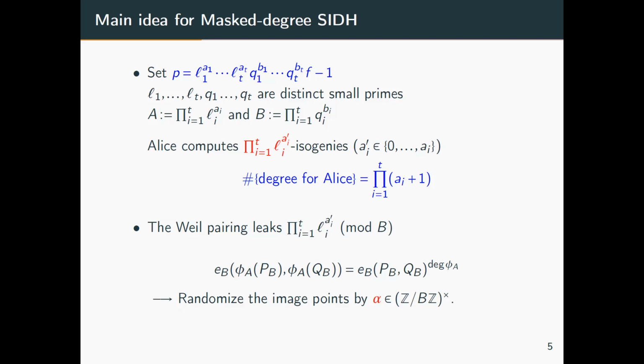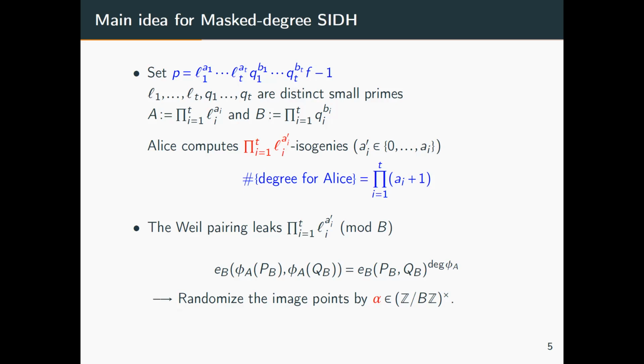It is inspired by the prime of CSIDH. These l_1 to l_t and q_1 to q_t are distinct small primes. We denote the product of l_i^{a_i} by A, and the product of q_i^{b_i} by B.